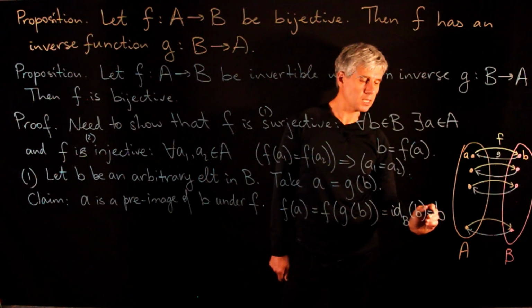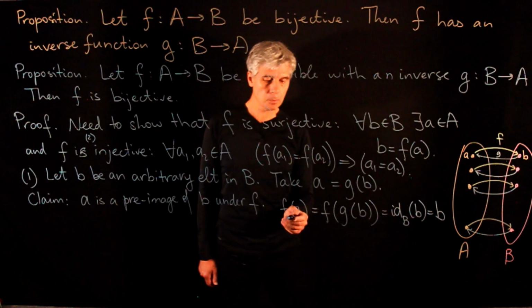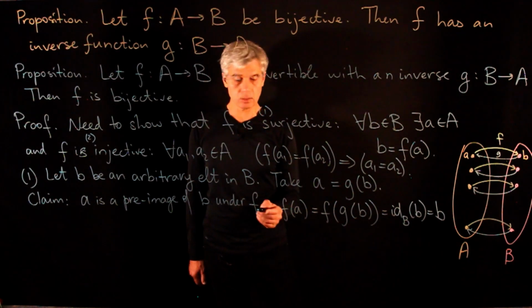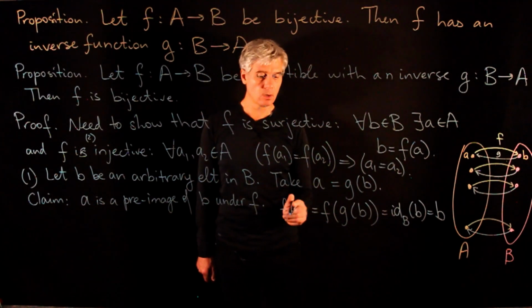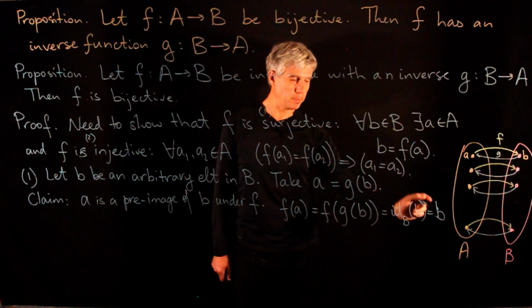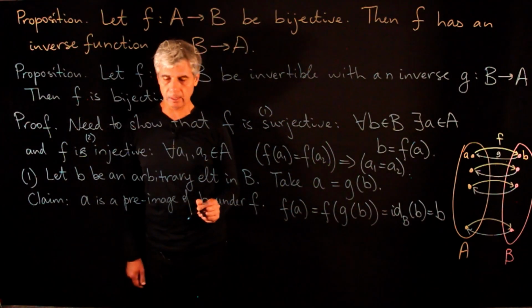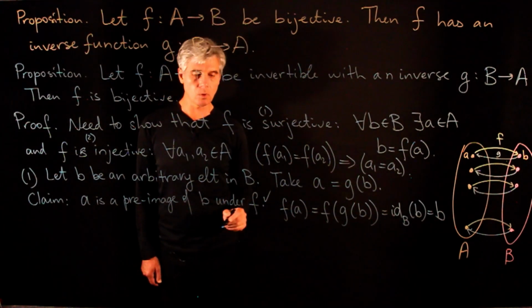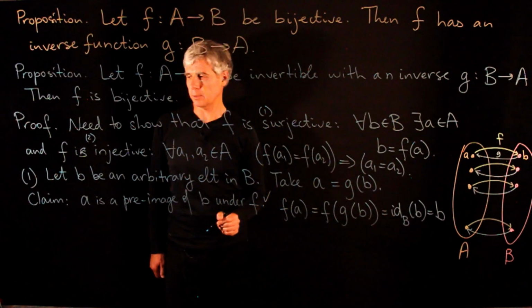And so we get that the result is b. What we proved is that b is equal to f of a. And so b has a pre-image under f. This now holds, and this means that f is surjective.